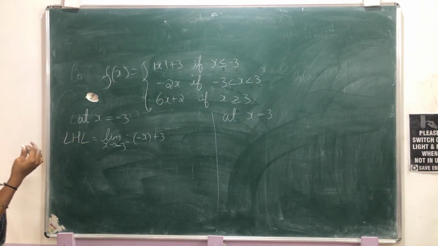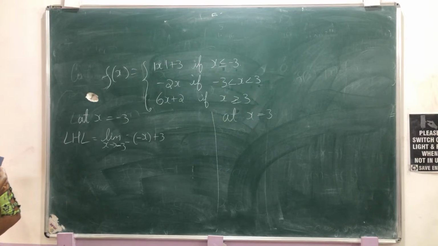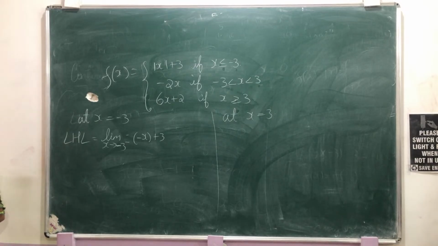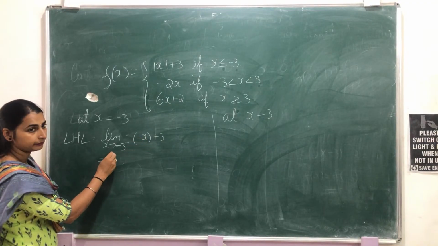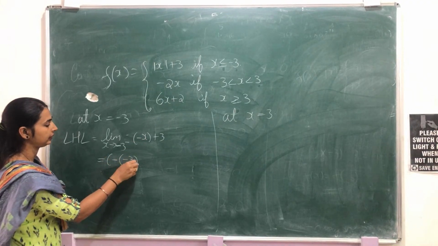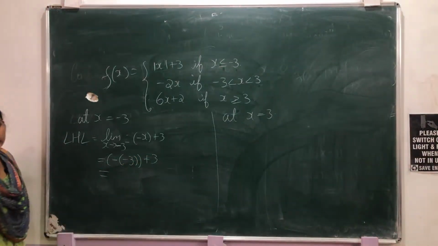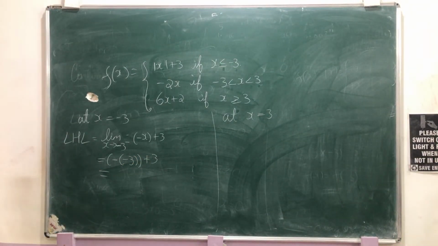For less than, negative side mod will be negative. You know the modulus definition, mod x is negative if x is less than 0. So what happens? Minus x. What is x? Minus 3 plus 3. What is minus of minus 3? 3 plus 3.